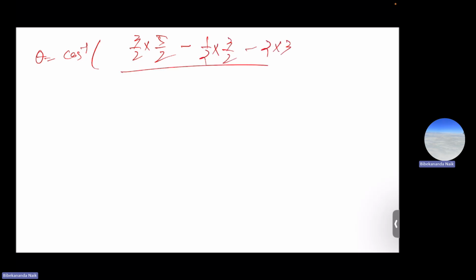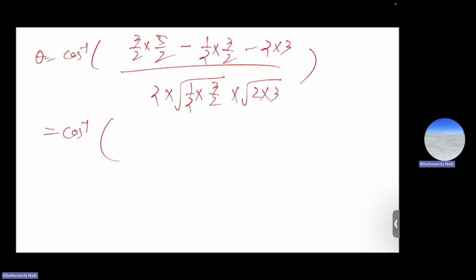So theta is equal to cos inverse of [3 by 2 into 5 by 2 minus half into 3 by 2 minus 2 into 3] divided by 2 into root of half into 3 by 2, root of 2 into 3.